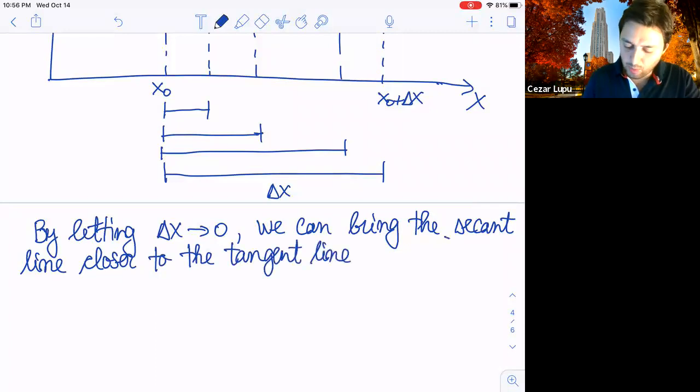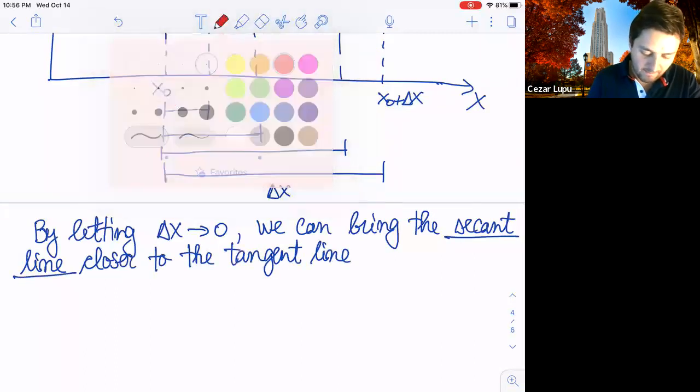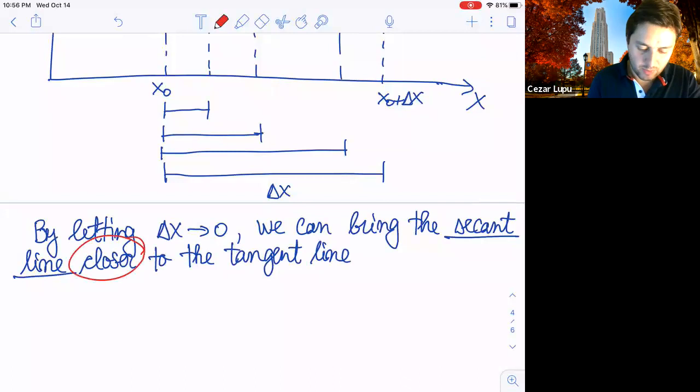So that's what we want. We want the secant line closer to the tangent line. That's what we want, right?